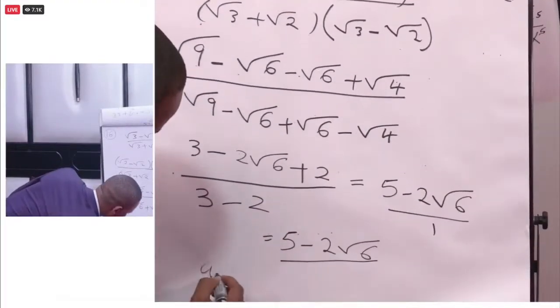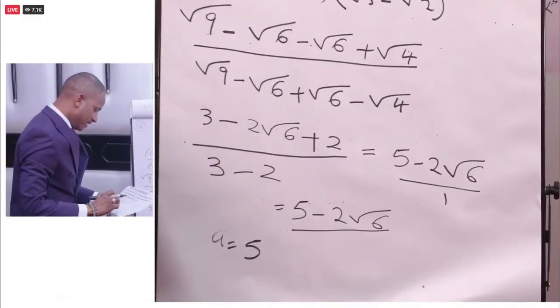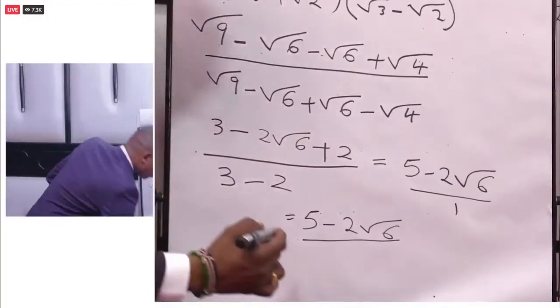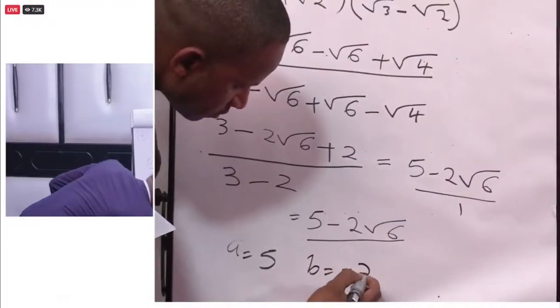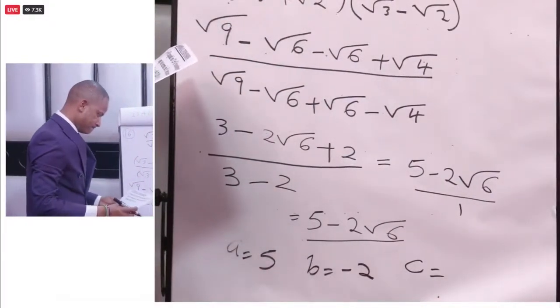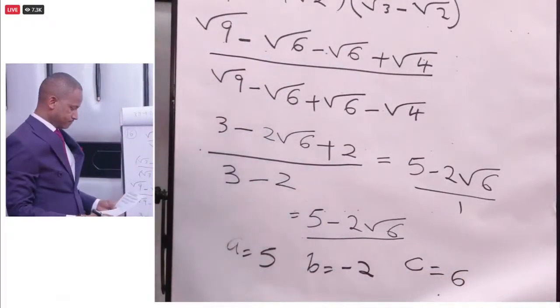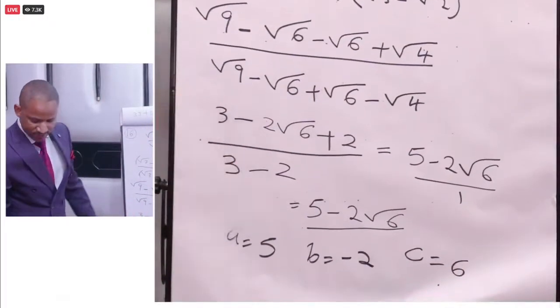So our A is what? 5. You can state them. Our B is minus 2. And our C is 6. So this is our answer.